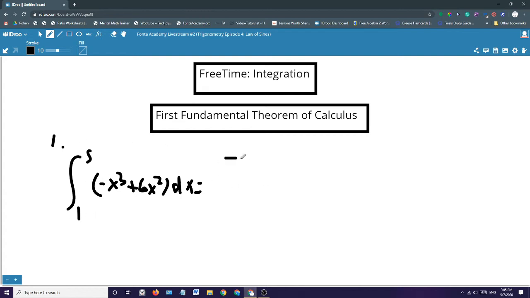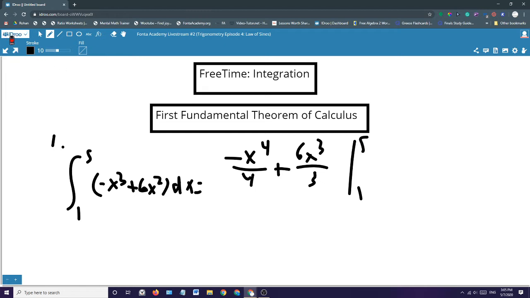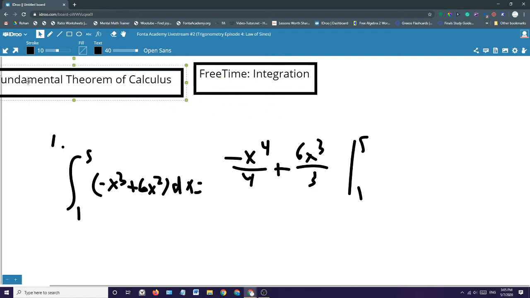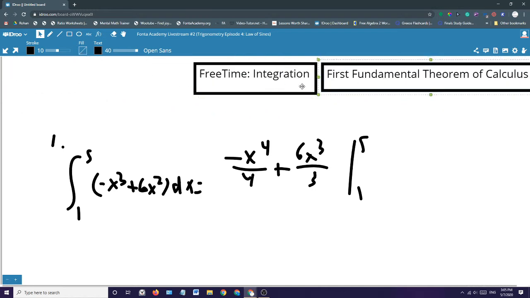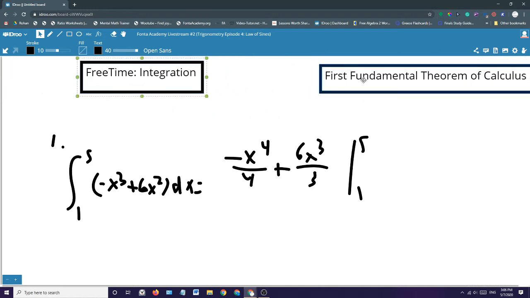So I would do negative 3 to the 4th over 4 plus 6x cubed over 3, with limits 1 and 5.